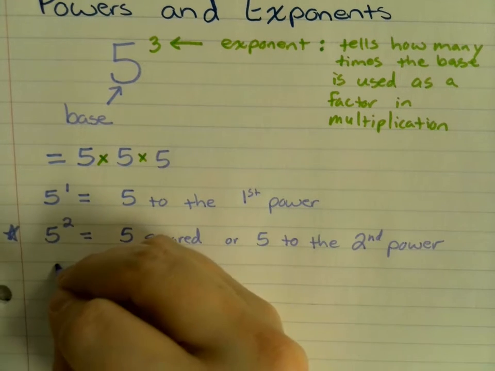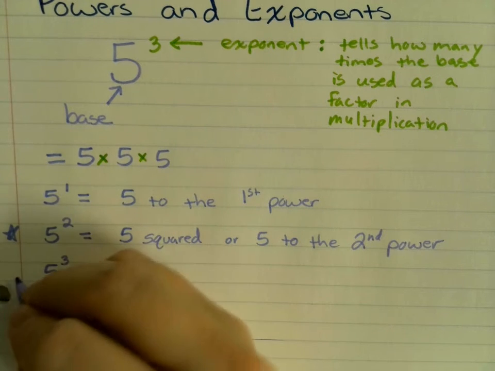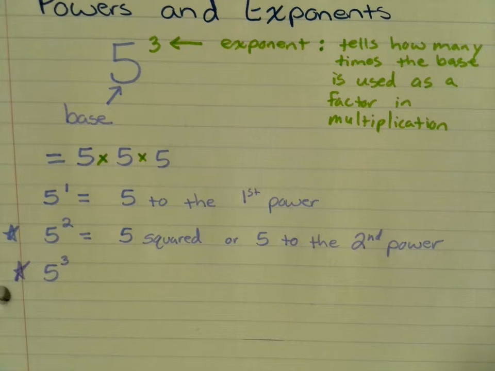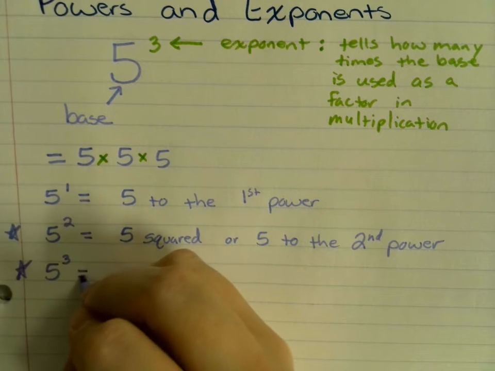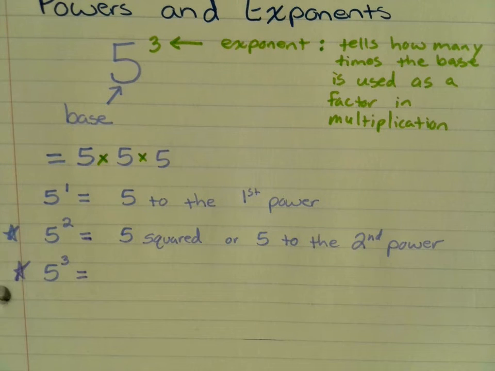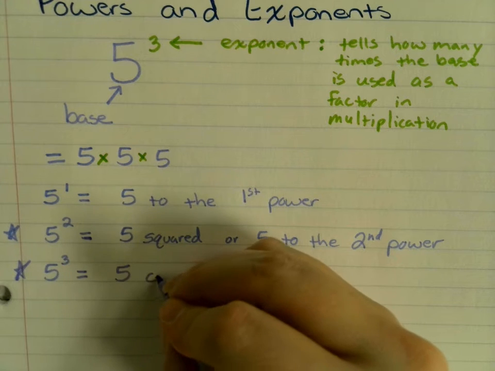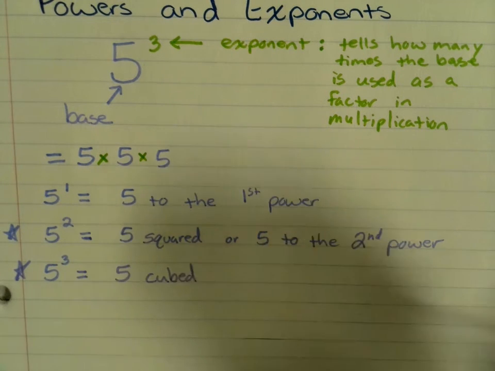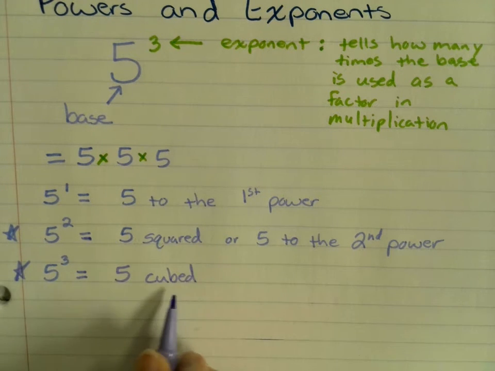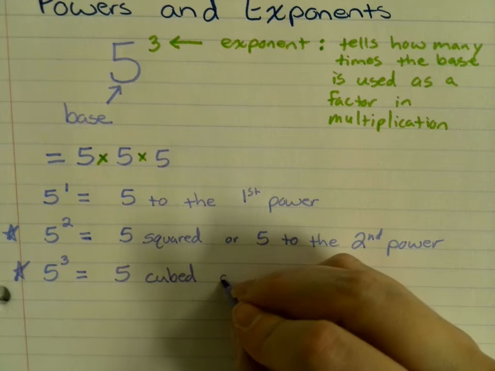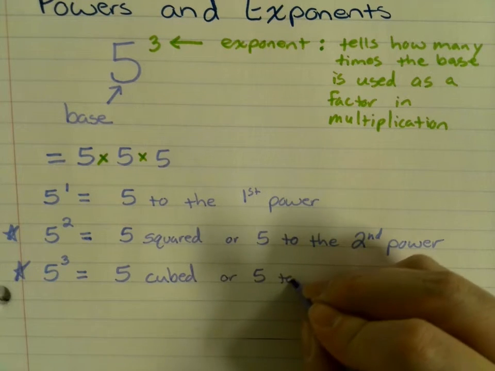Same thing when you have an exponent of 3, so I'm going to put a star next to that one as well. This has a special way of saying it. It would be called 5 cubed. That's the most common way that we say it. Or you could also say 5 to the third power.